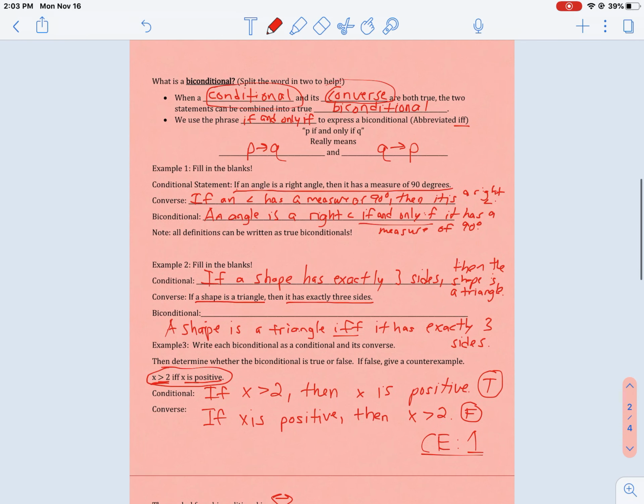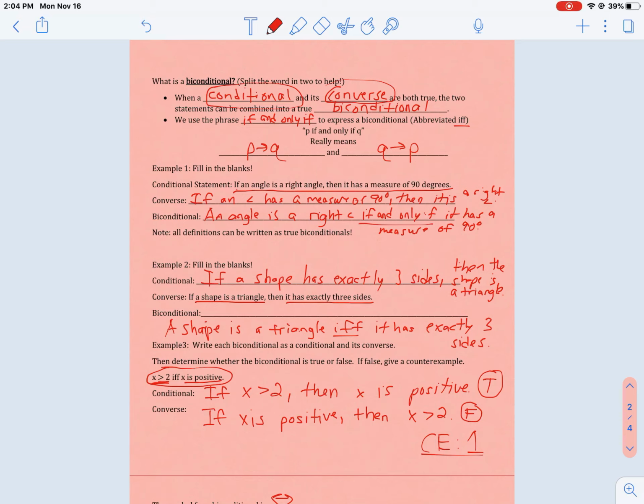Remember, the converse means you just switch the hypothesis and conclusion. To write a biconditional, all you have to do is combine the hypothesis and conclusion of the conditional joined by if and only if.